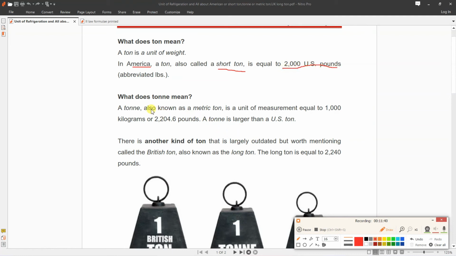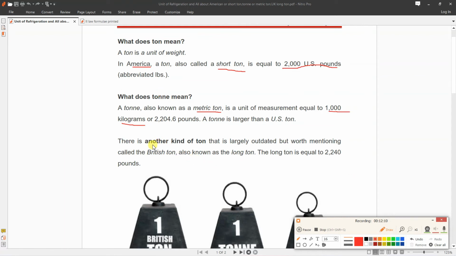Okay, then the second ton, TONNE, is also known as metric ton, and this ton usually we use in our regular calculation. This 1 ton is equal to 1000 kg, kilogram, or it is equal to 2204.6 pounds. So this metric ton is larger than US ton.